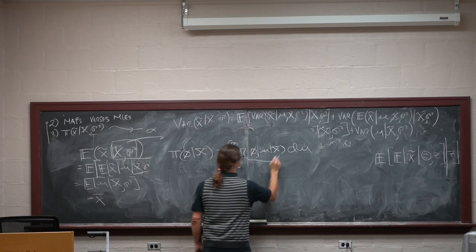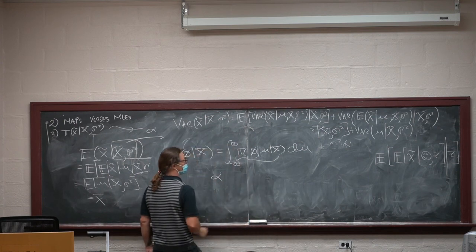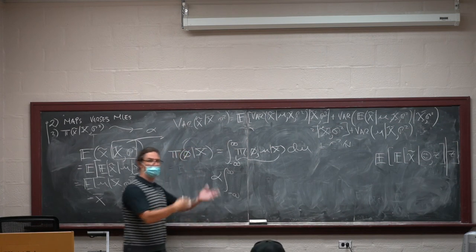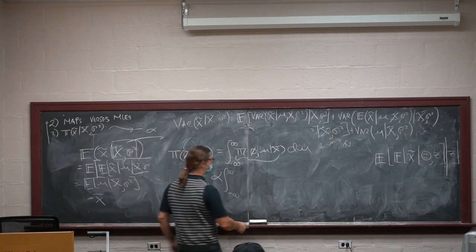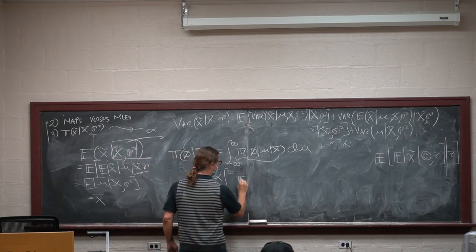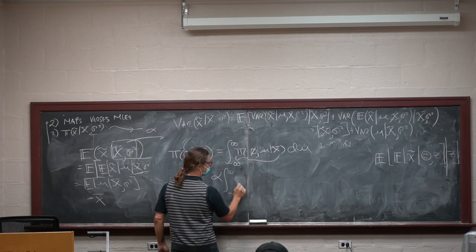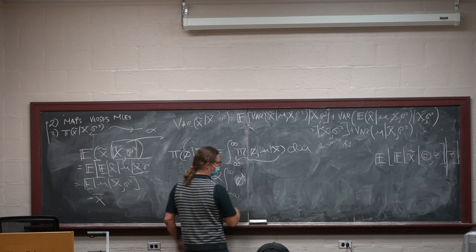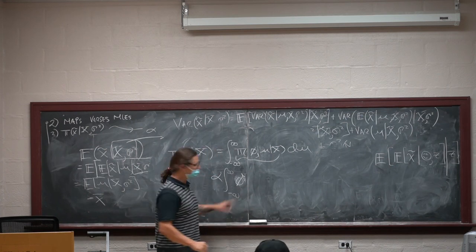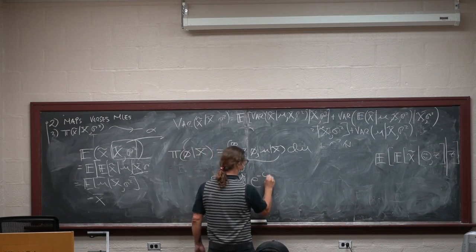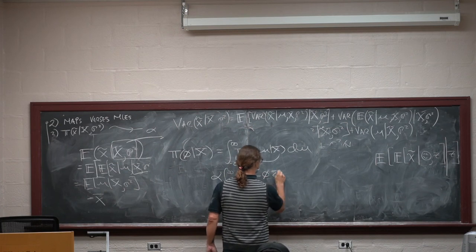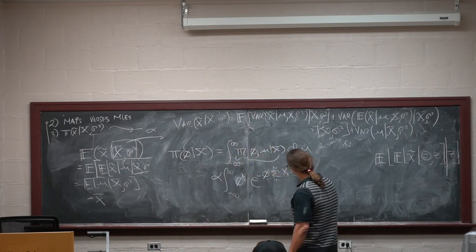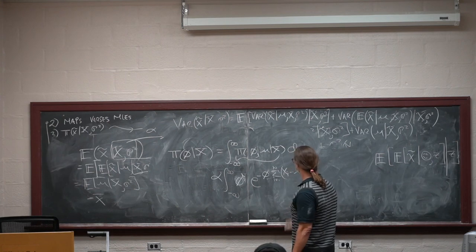We can write this down as proportional to, so that's where all the kernel stuff is going to live. This is just going to be the likelihood. So I'm going to write it like this: phi to the n over 2, e to the minus phi times the sum, i goes from 1 to n, of (xi minus mu) squared.